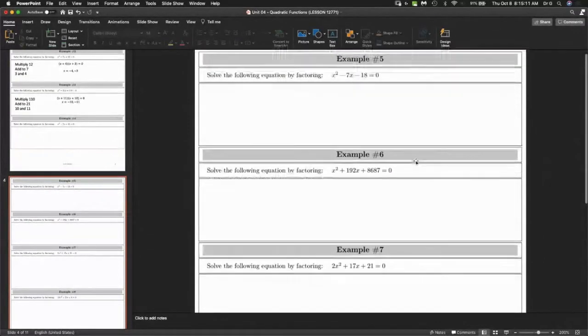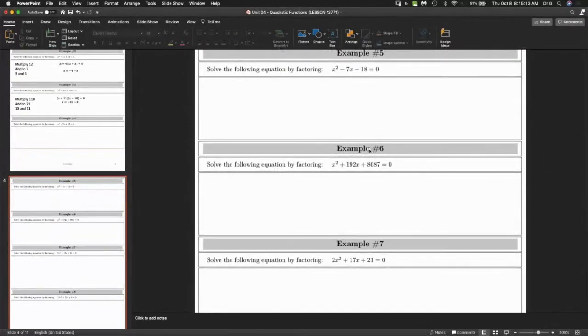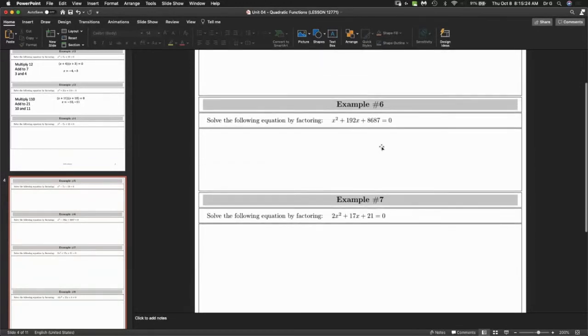Take a look at example 6. All of these questions are the same. It's just that the numbers get progressively harder. Notice that every single question up to 6 has a 1 in front of the x squared. Question 6 just has big numbers. I'm going to leave that one for you to try as a challenge. If anybody's curious, maybe I'll take it up during the break and show you how I would do that.